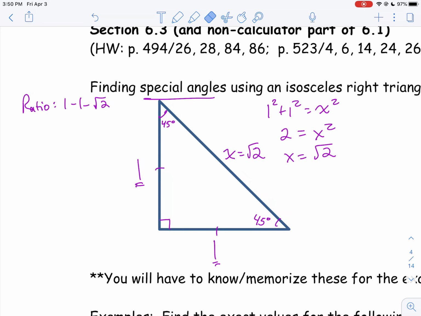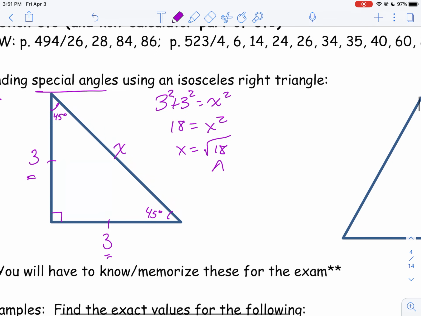If instead of putting 1 here, I would have put the number 3, what would we end up with? Well, this part's going to change. 3 squared plus 3 squared, that's 9 and 9, that's 18. x is the square root of 18. And if we break 18 down, we get 9 and 2.